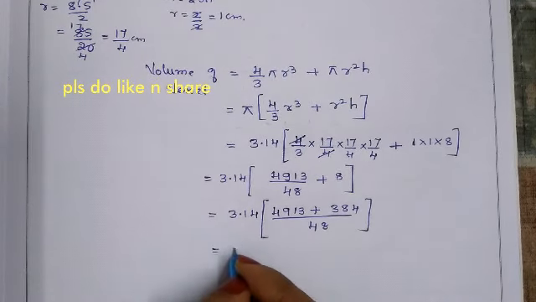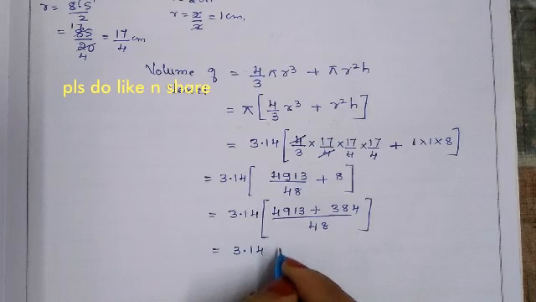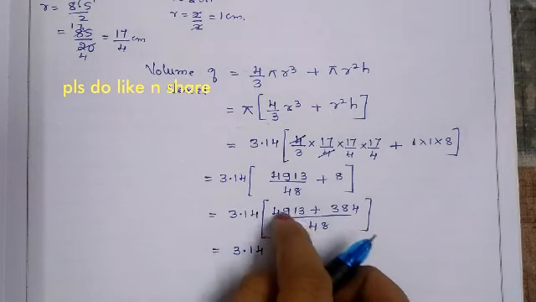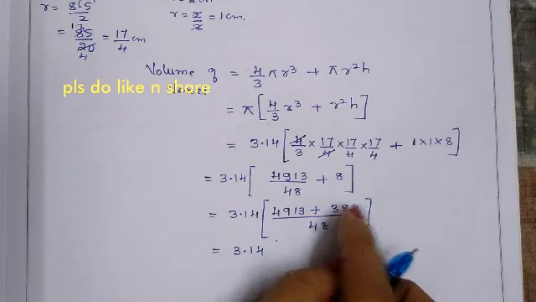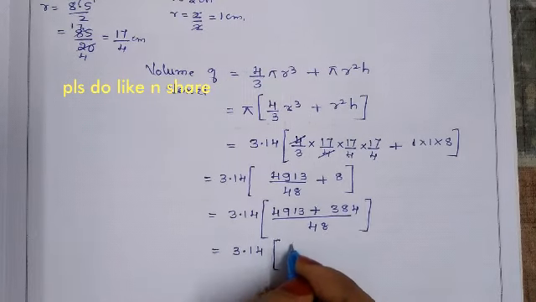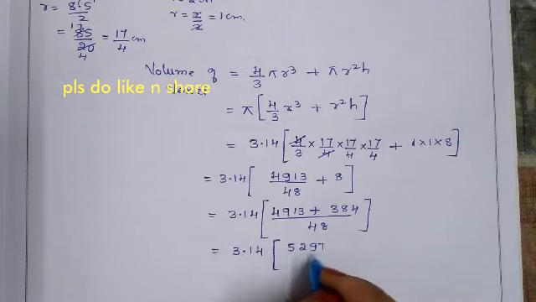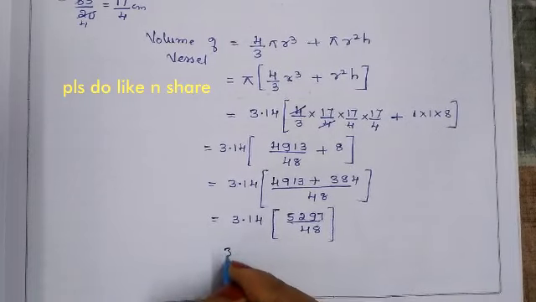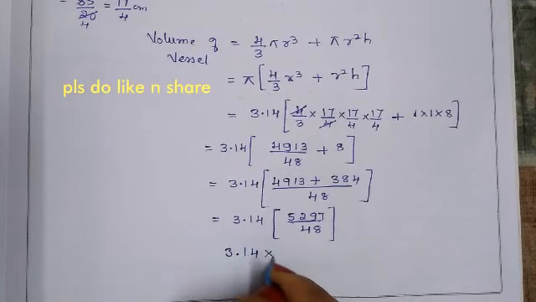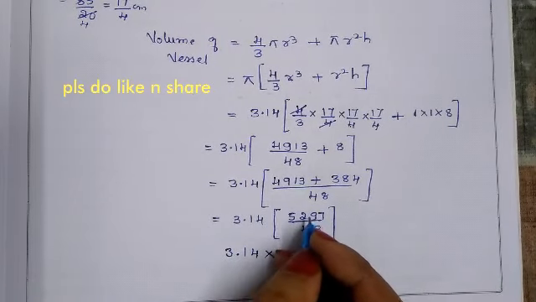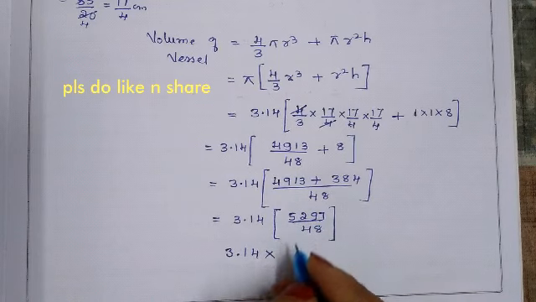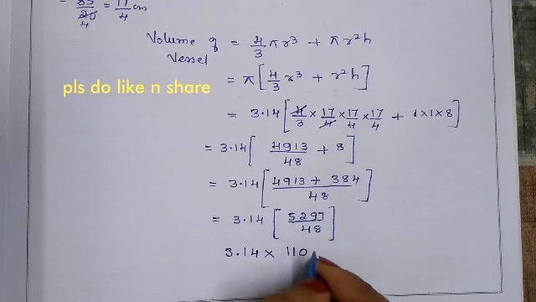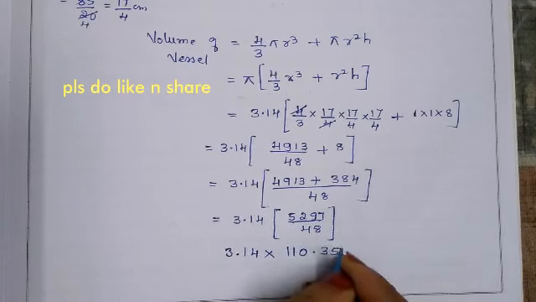It is equal to 3.14 into 4913 plus 384, which is 5297 if we add, upon 48. So we need to divide this 5297 upon 48, and we get 110.35.